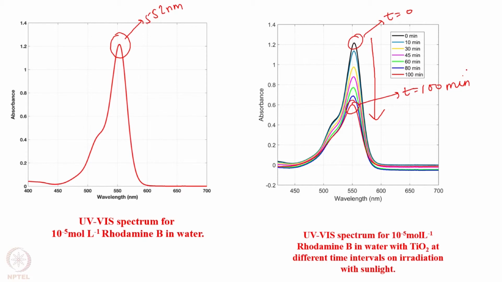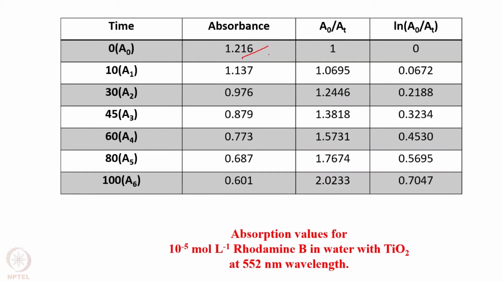We then tabulated the absorption values at the absorption maximum, lambda max equal to 552 nanometers. At t equal to 0 we got the absorbance as 1.216 and at t equal to 100 we got 0.601. So the absorbance has been halved in 100 minutes, which is due to the degradation of the dye.